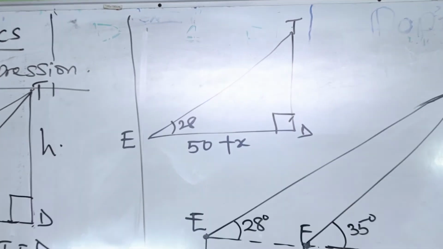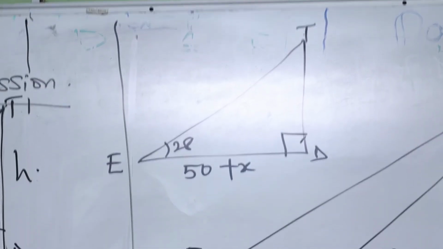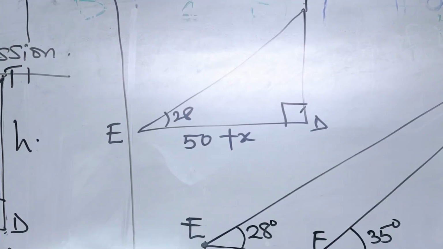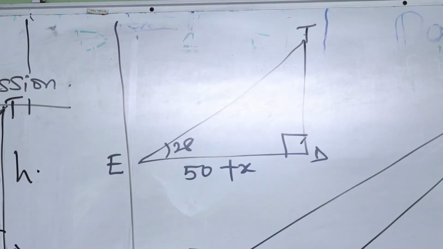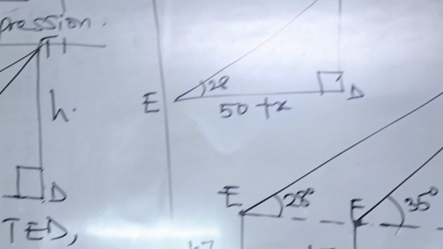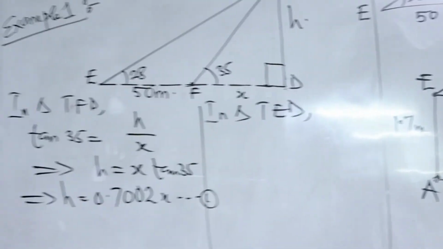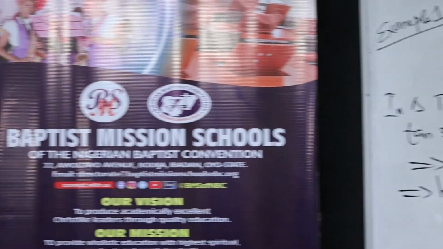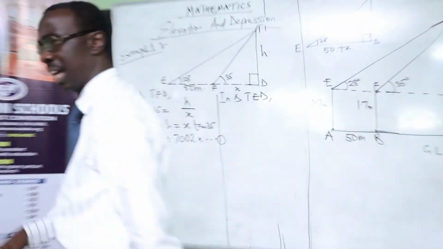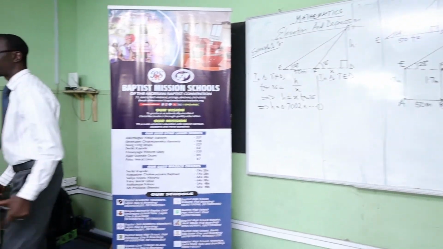It was already away from the tower. Therefore, the only reference point you have is the position now. He now wants to move away. He cannot go and start measuring that 50 again from the tower. It should be from where he was standing.